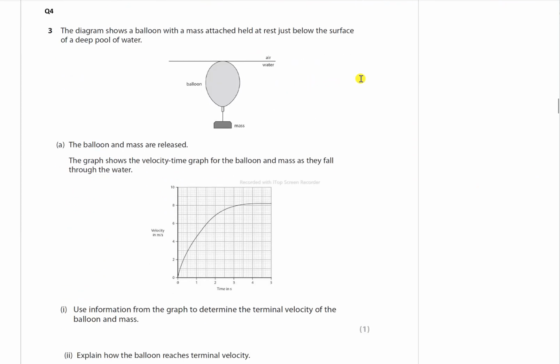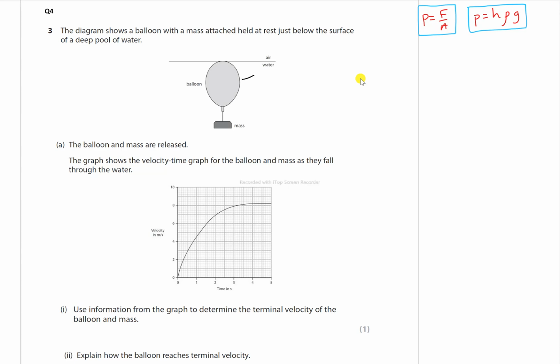Right, let's look at this. What have they told us so far? So we know pressure is force over area, and pressure is height times rho times g. There you go. Right, let's go. The diagram shows a balloon with a mass attached, held at rest just below the surface.